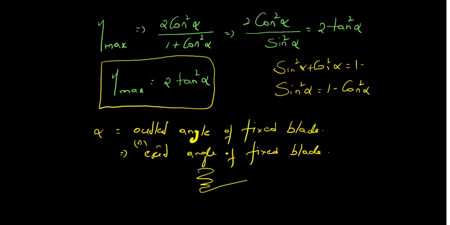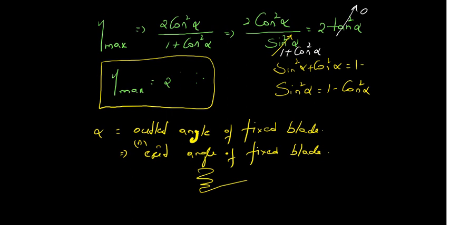Therefore, here I have to substitute the same value. I'll change the color so that whatever correction I have made here will be clear for everyone. Here I'll write 1 plus cos square alpha. This was wrong. Now, what is the final relation for the maximum efficiency?